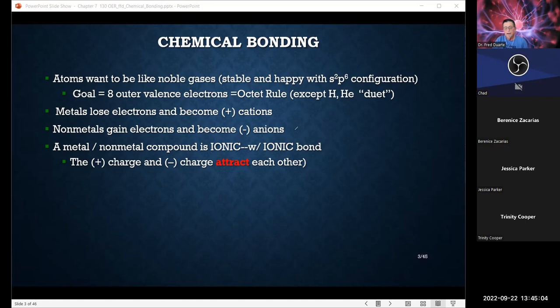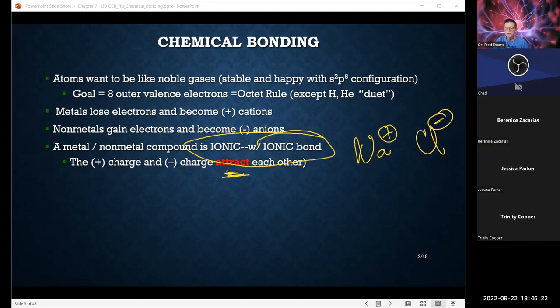Specifically, what we also have is an ionic bond. Okay, so an example of this would be the ion sodium, which has a plus charge, and the anion chloride, which has a negative charge. Okay, so these two are attracted to each other, and we write the formula, without the charges, as NaCl.